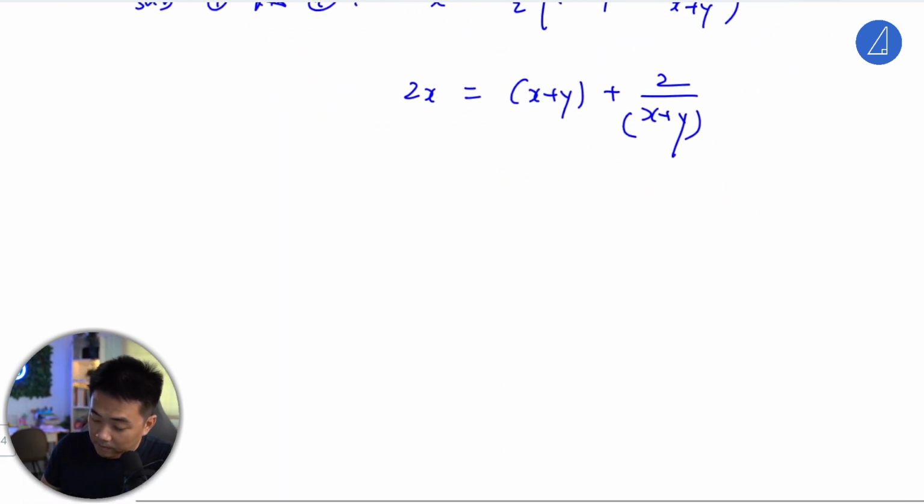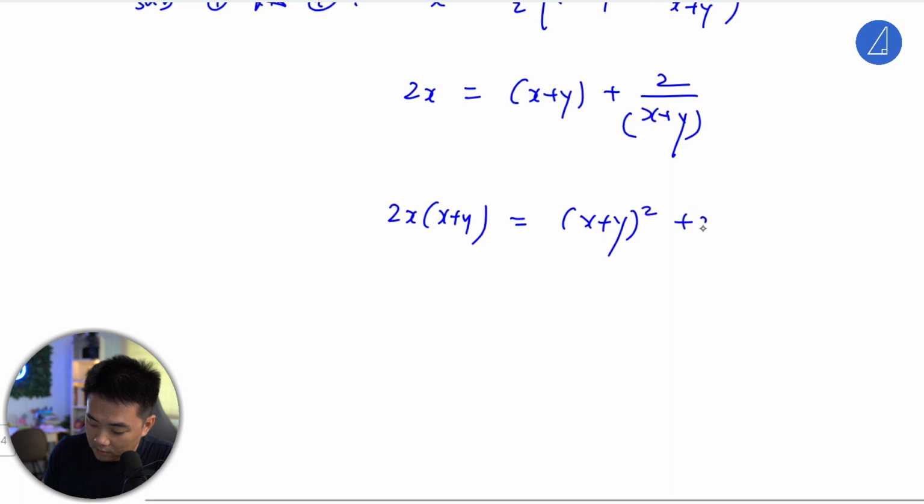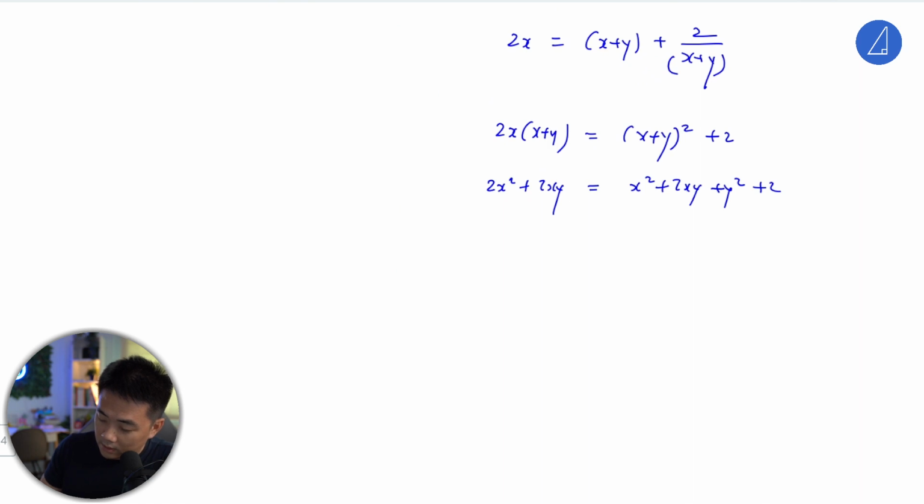Maybe just expand everything. 2x(x plus y) equals (x plus y) squared plus 2. So 2x squared plus 2xy equals x squared plus 2xy plus y squared plus 2. Oh, it looks nice now. We could cancel this out. What is left is actually x squared minus y squared equals 2.